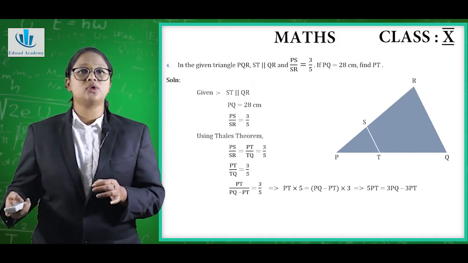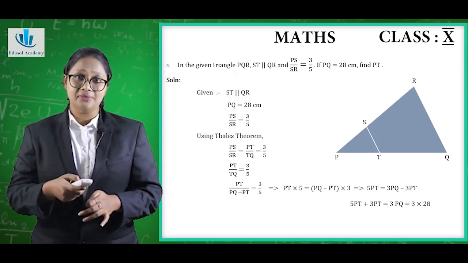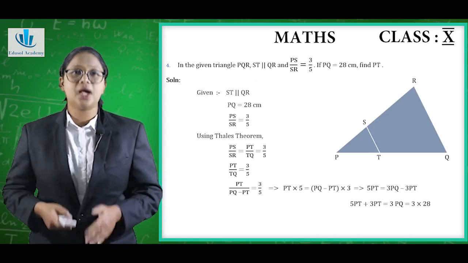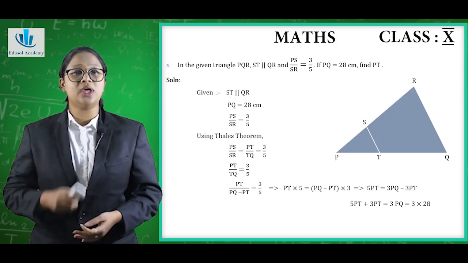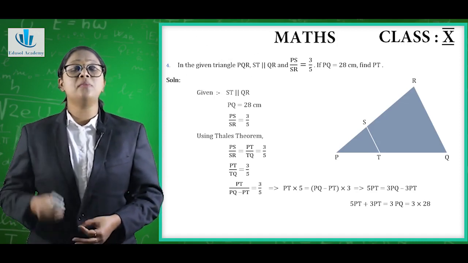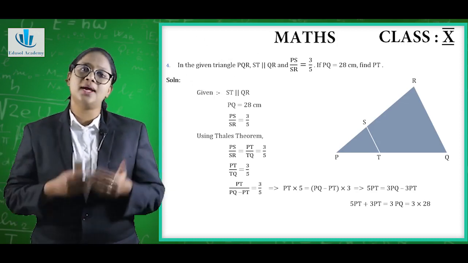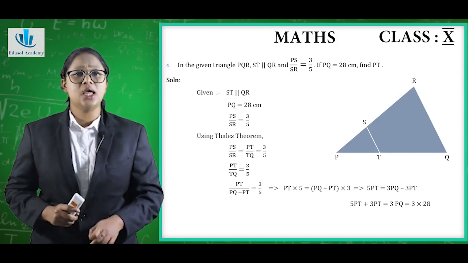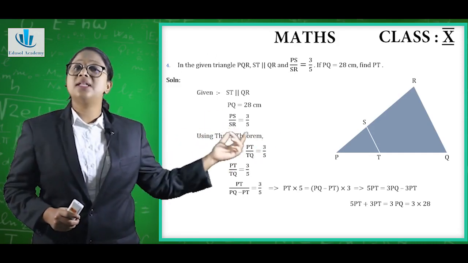Again we have to do the cross multiplication. So PT into 5 is equal to PQ minus PT into 3. I hope that part is clear. So 5 PT is equal to 3 PQ minus 3 PT. In that step, I opened the brackets and multiplied 3 to both PQ and PT. Now on one side there is 5 PT and on the other side there is minus 3 PT.